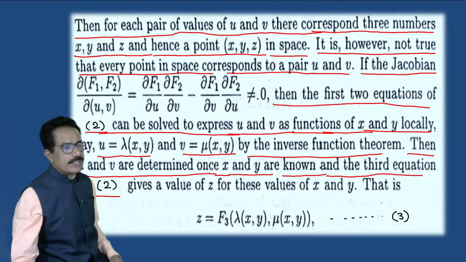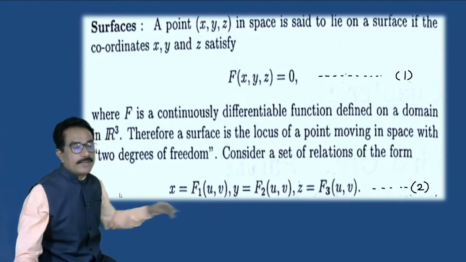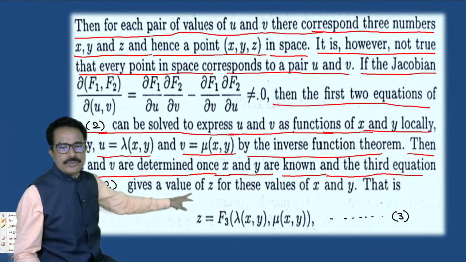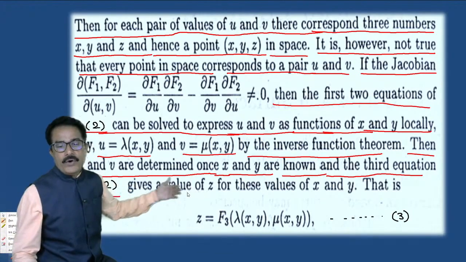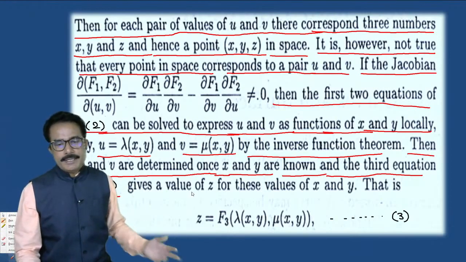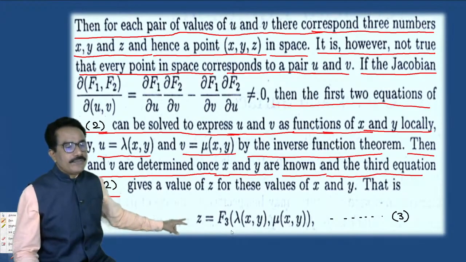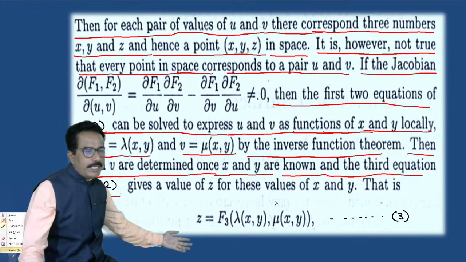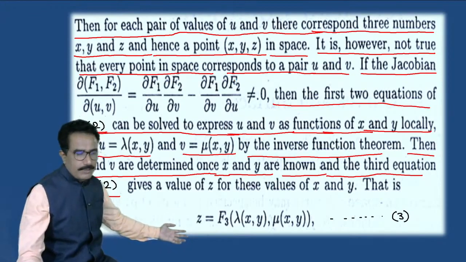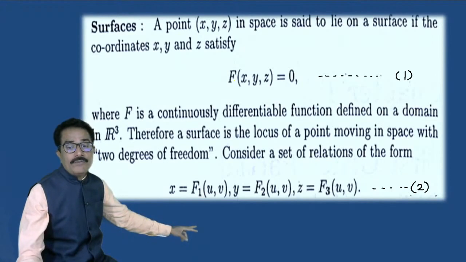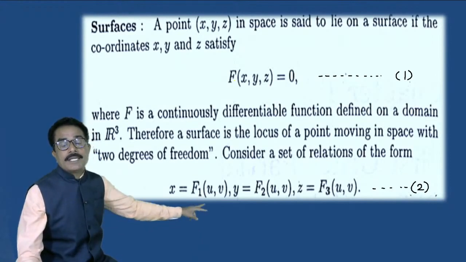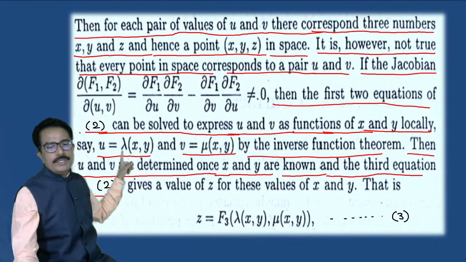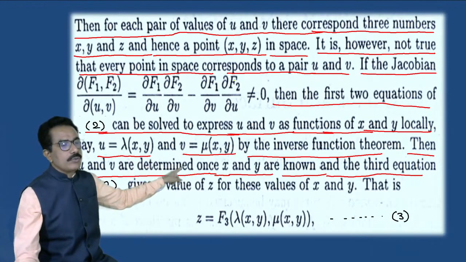आता तिसरा जो इक्वेशन आहे 2 मधला जो थर्ड इक्वेशन आहे, which gives a value of z for these values of x and y, that is z = f3(u, v). Replace the values of u and v in the third equation; u and v can be obtained from equations 1 and 2 in the form of x and y, that is u = λ(x, y), v = μ(x, y).